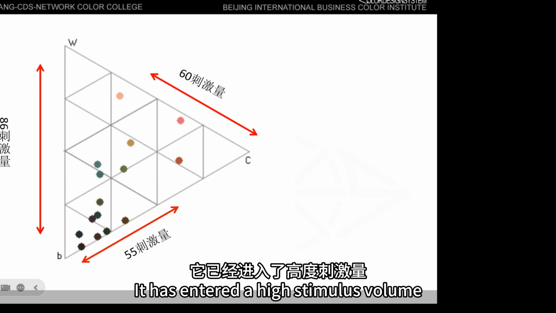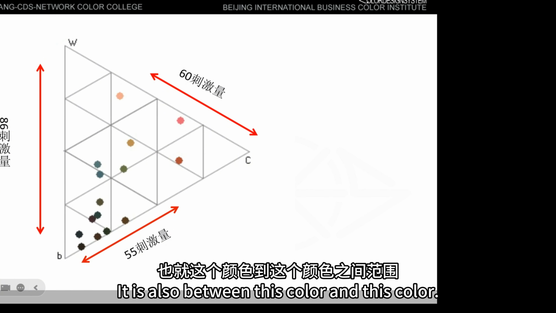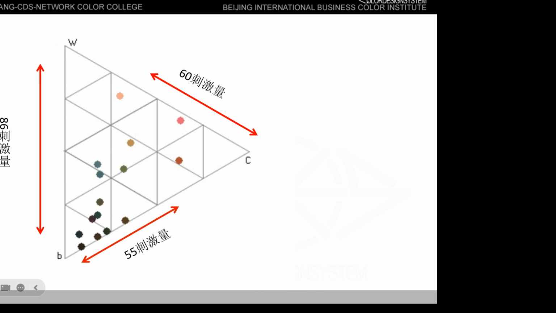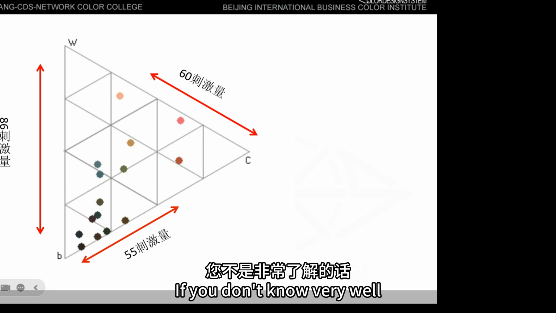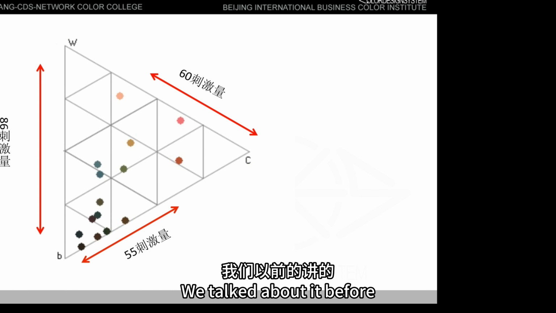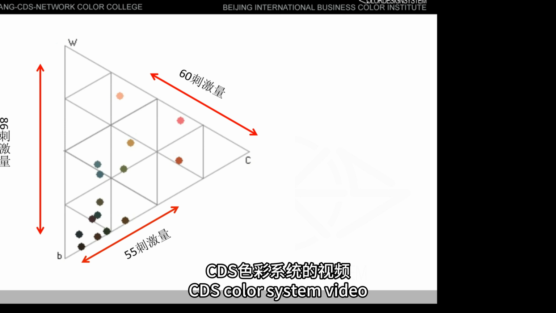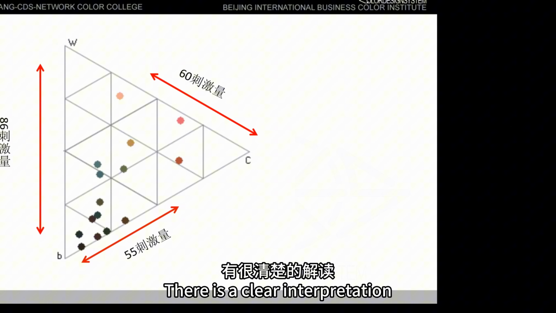It has entered a high stimulus volume. It is also between this color and this color. If you don't know very well, you can go back and have a look. We talked about it before in the CDS color system video. There is a clear interpretation.